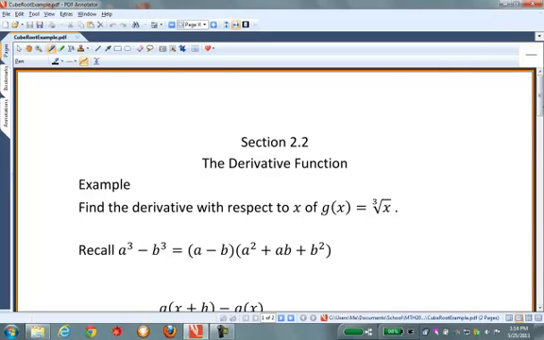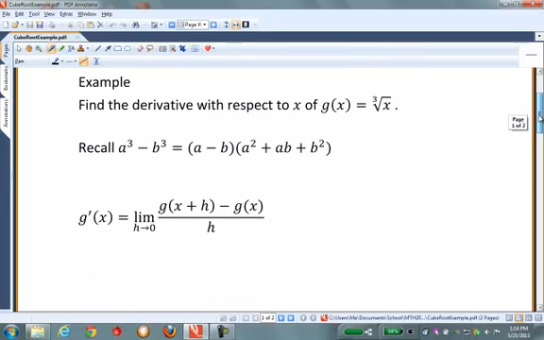Okay, so remember, according to the definition, g prime of x, the derivative of g, evaluated at x, is the limit as h goes to 0 of g of x plus h minus g of x, that's the change in y, divided by h, which is the change in x. And we take the limit as h approaches 0 to get the instantaneous rate of change.